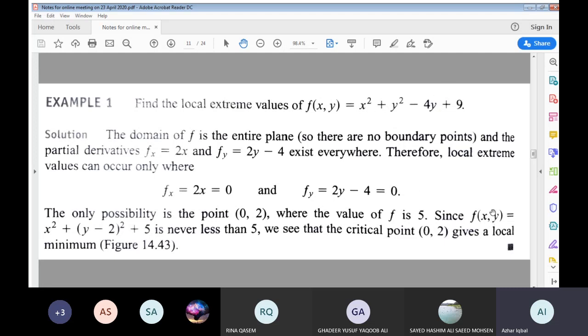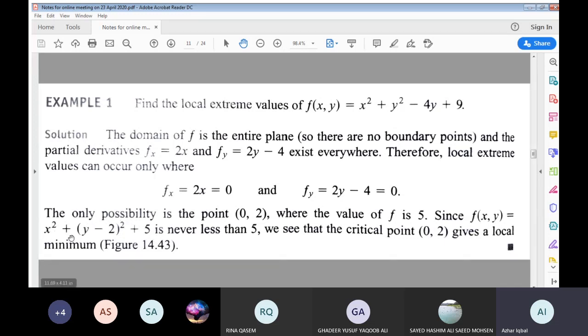And as you can see, this function f of x y can also be written in this form: x squared plus, if you expand this square, a 4 will appear in the expansion, which adds up to give 5, and this term comes from here, minus 4y. So it is x squared plus (y minus 2) squared plus 5.